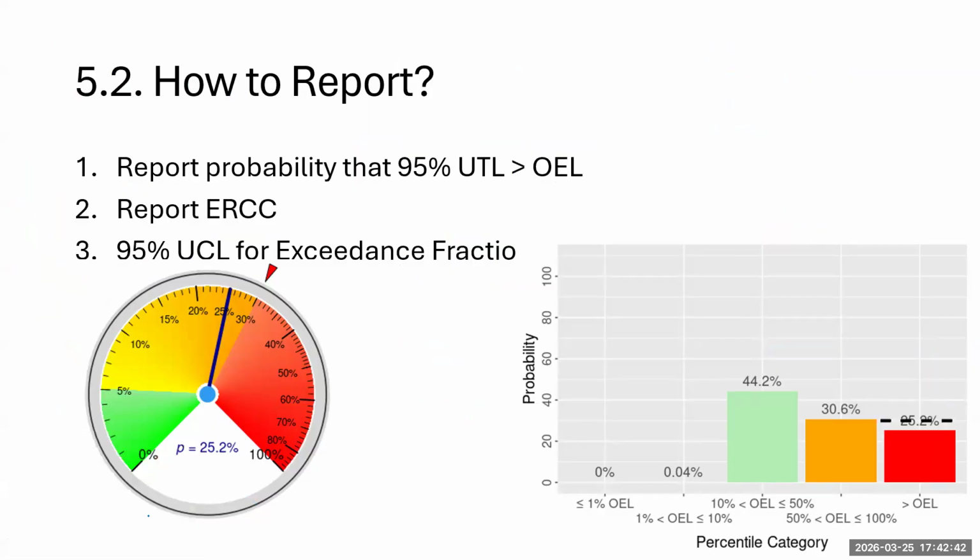this is categorized as, if we just say 50% of the worker population potentially is overexposed, right? So would it be better if we just say that only about 25% of the population will be overexposed?